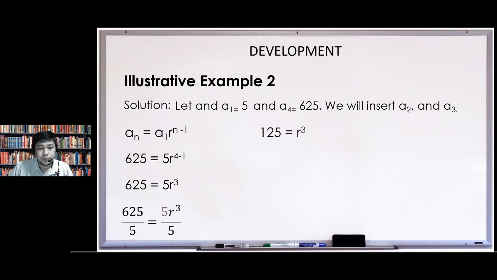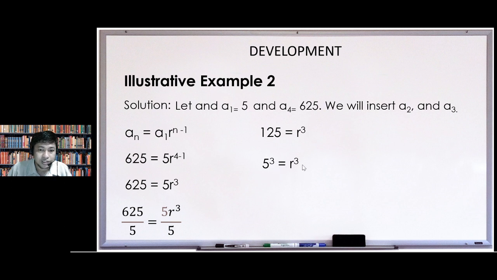Now, to find the value of r, we can rewrite 125 in exponential form. And that is 5 cubed is equal to r cubed, meaning the value of r here is equal to 5. So it's only positive.